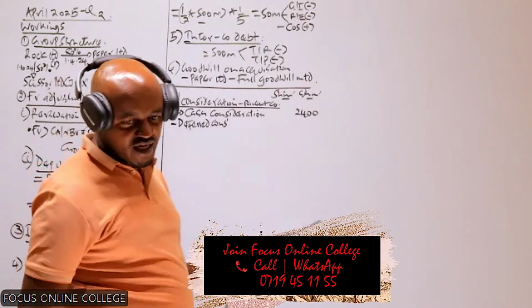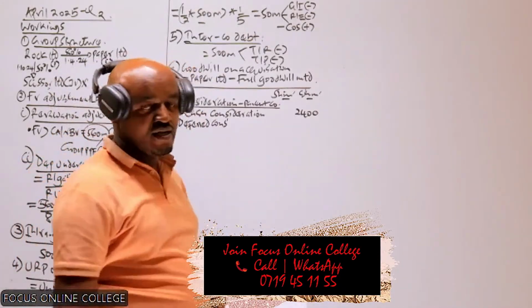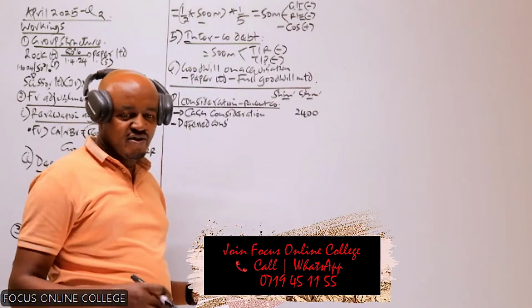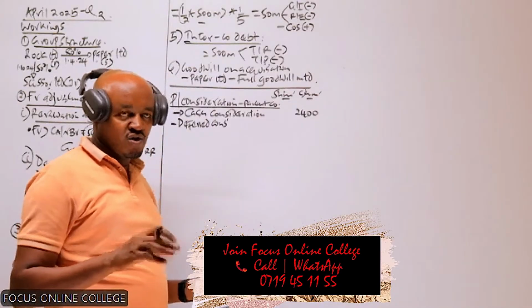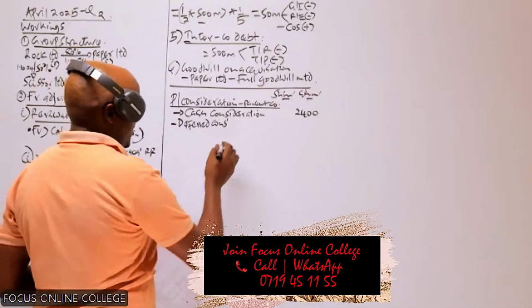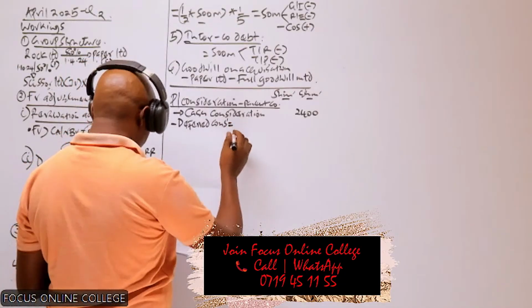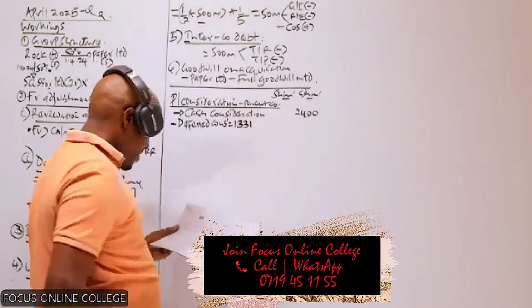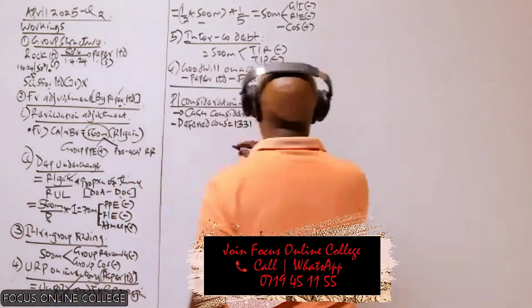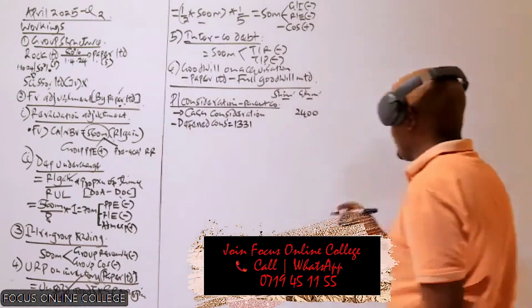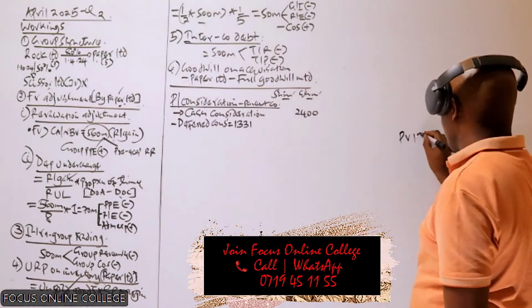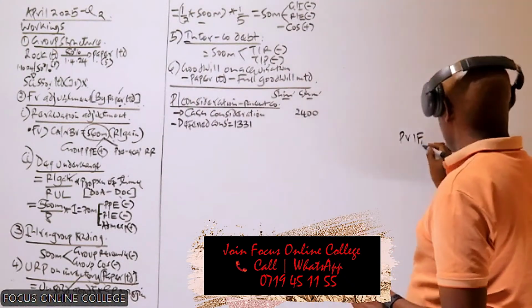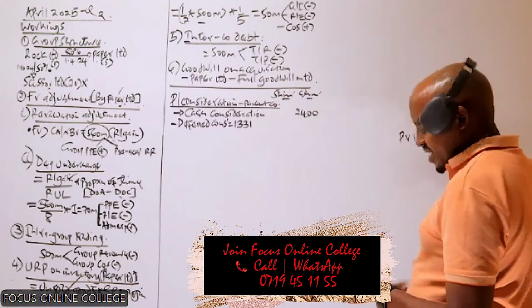These deferred considerations should be discounted to present value using the parent company cost of capital. So we take 1,331 and discount it to the present value by multiplying it with the present value interest factor at the rate of 10%, and for how many years?